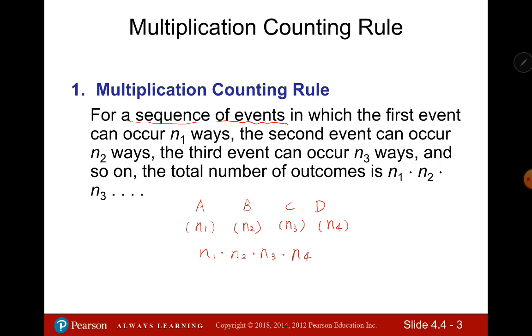This is called the multiplication rule for counting. A sequence of events: the first one in n1 ways, the second one in n2 ways, and so on. Then if we want to find the total number of outcomes for this sequence, we should use the multiplication rule: n1 times n2 times n3 times n4.